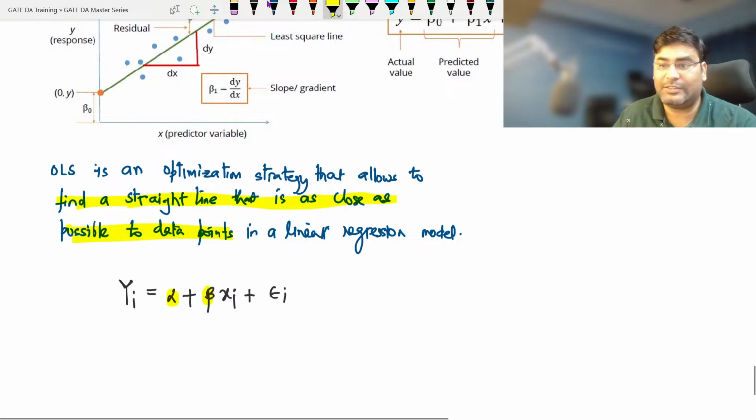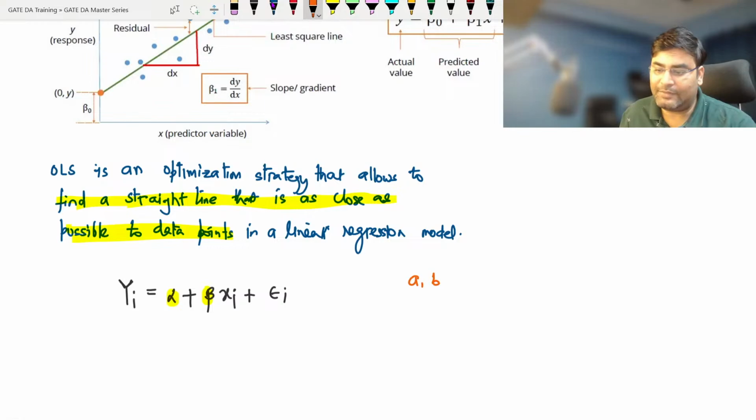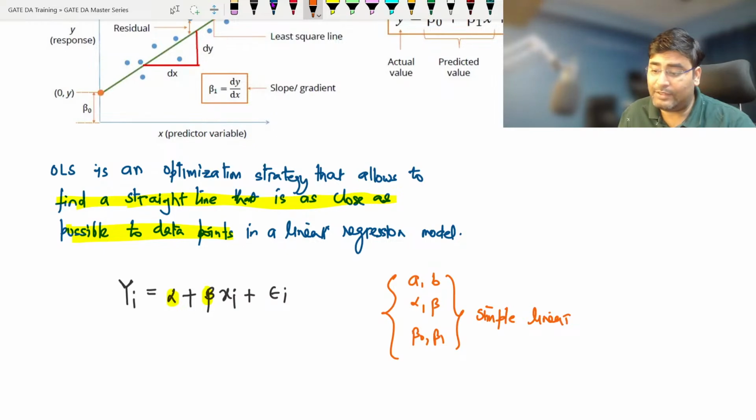So these are interchangeable coefficient names, right? This is all valid nomenclature for simple linear regression. So don't feel we are moving away in terms of notation. It's the same thing. Okay.